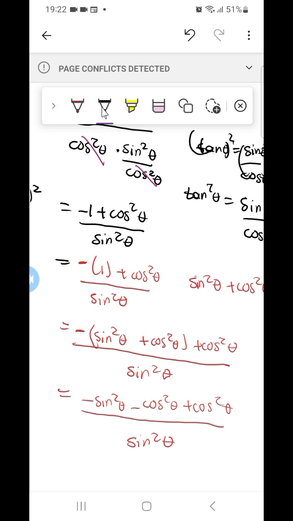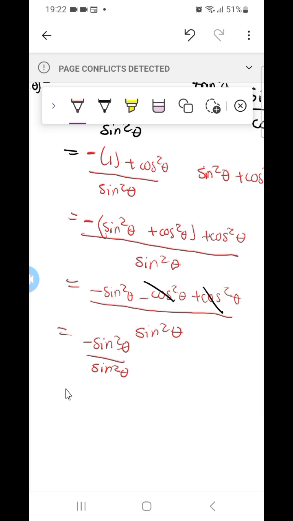And after doing that, you see that it's negative cos squared plus cos squared, so this one will cancel, and you'll be left with negative sine squared theta over sine squared theta, which is basically negative 1, because the sine squared will cancel. So you'll end up having negative 1. So you see that in this case we got a value in the end.